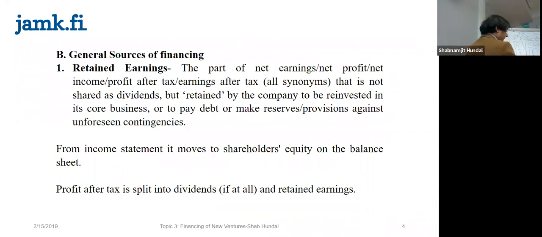The next category of expenses is called finance cost, which is primarily interest. Interest plus the installment of the loan due. Yeah, so that is called debt servicing. So this is called finance cost.